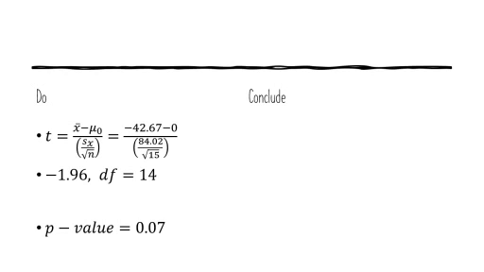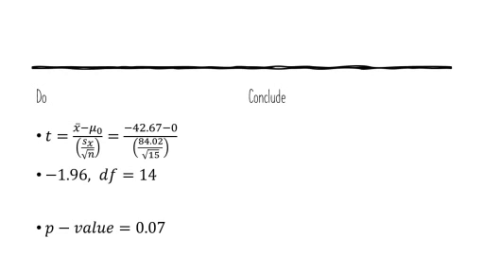Push enter. The number you get, you have to multiply it by 2. Okay. So we'd have to multiply it by 2 because we are dealing with a two-tail. So when you're dealing with a two-tail, you've got to multiply by 2 to cover both sides. We get a p-value of 0.07.